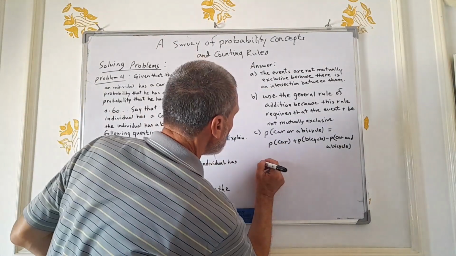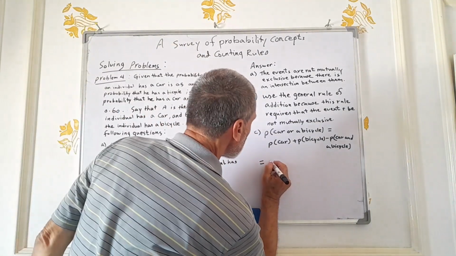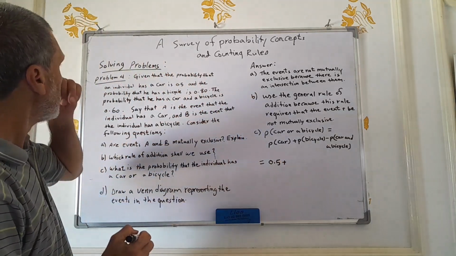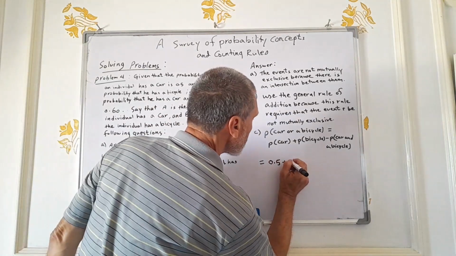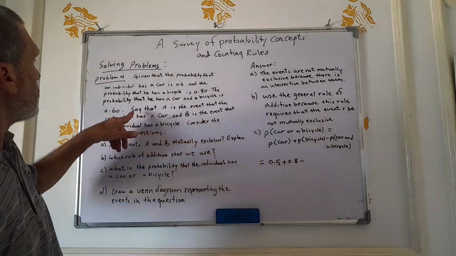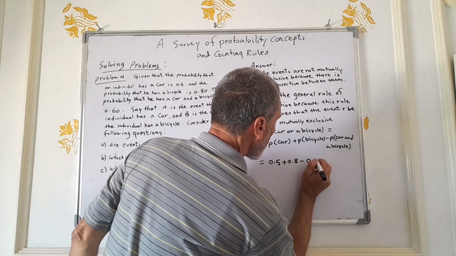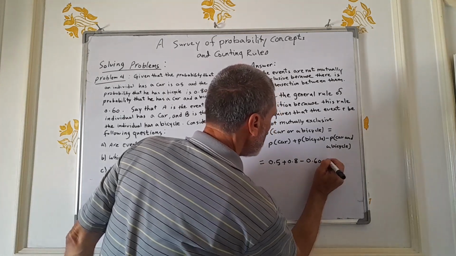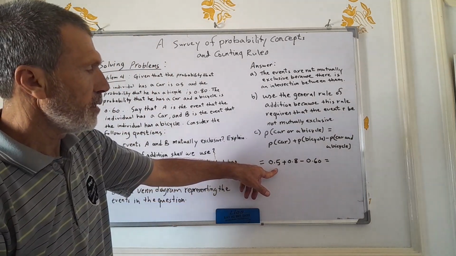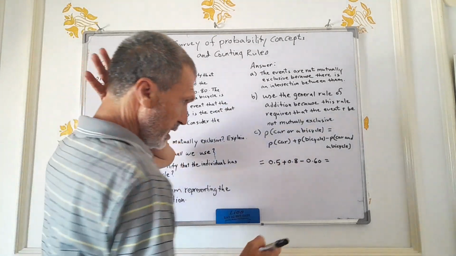So which is equal to, probability of a car is 0.5 plus probability of a bicycle is 0.80 minus probability of a car and a bicycle is 0.60, which is equal, so we get here 1.3 minus 0.6 becomes 0.70.